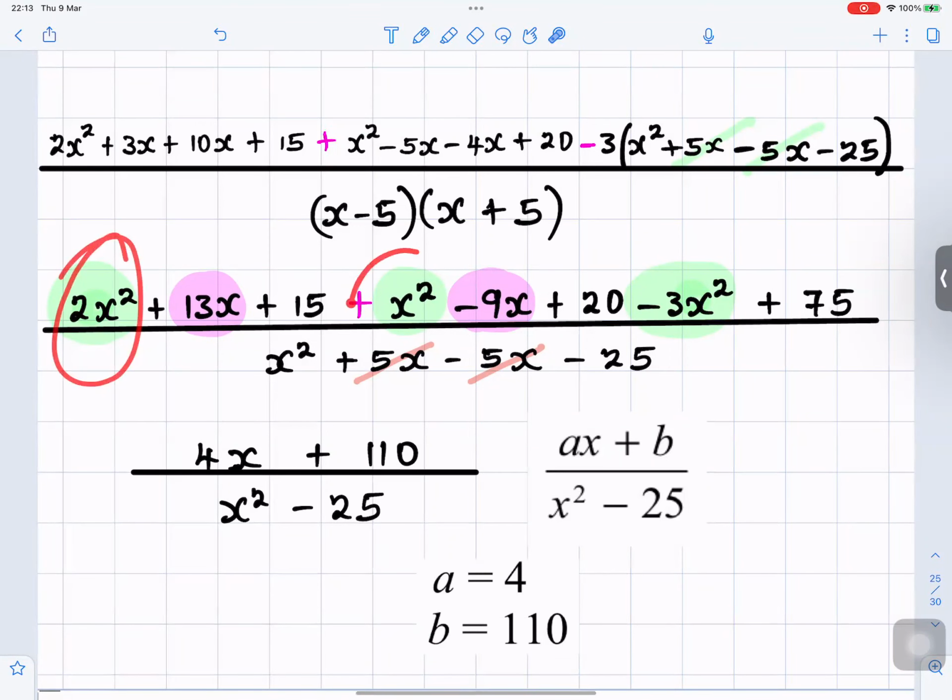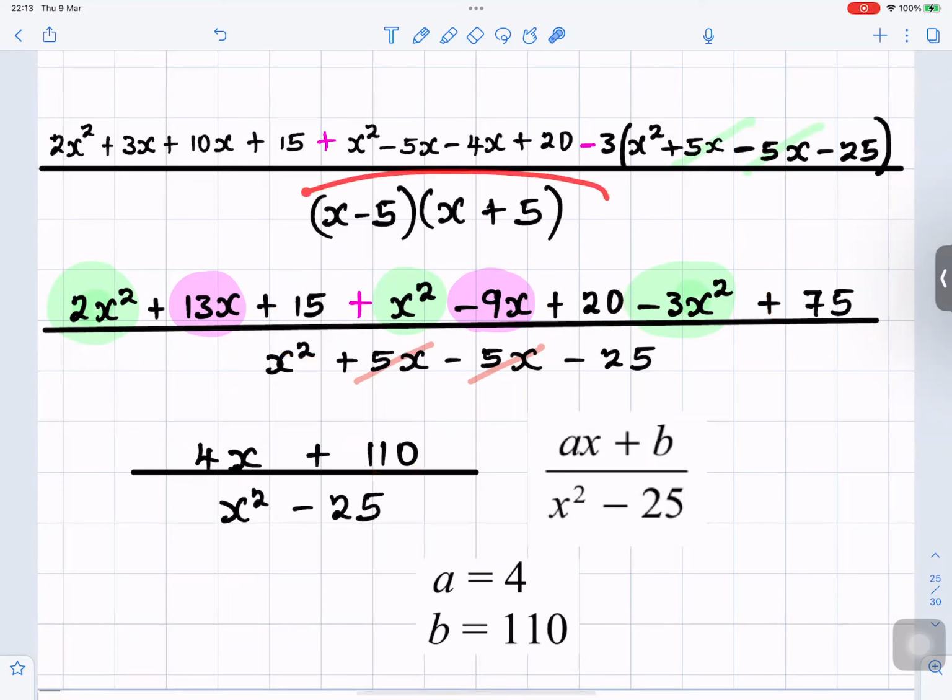2x squared plus x squared minus 3x squared will be 0. 2 plus 1 is 3, minus 3 is 0. 13x minus 9x is 4x. 15 plus 20 plus 75 gives us 110.